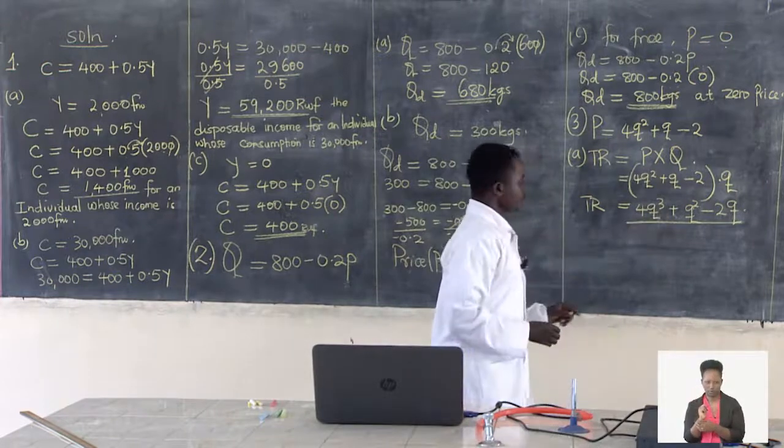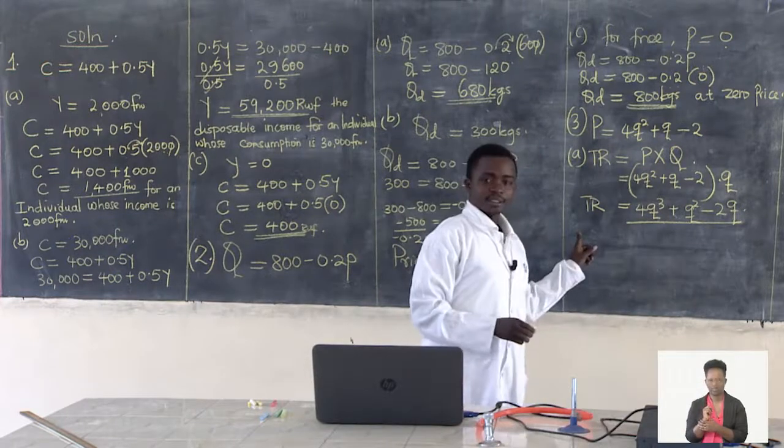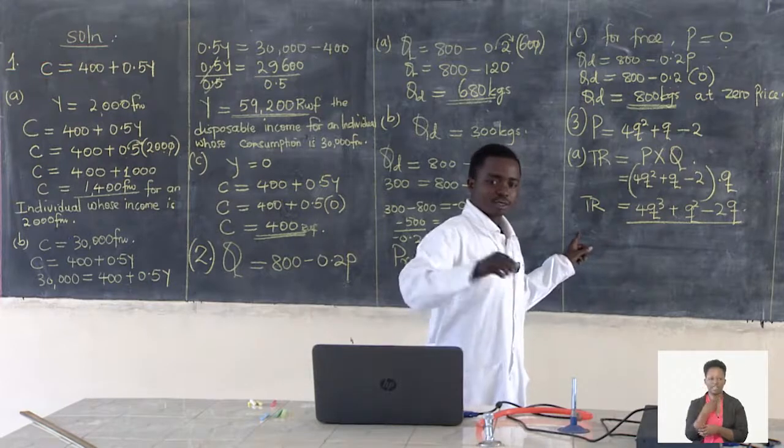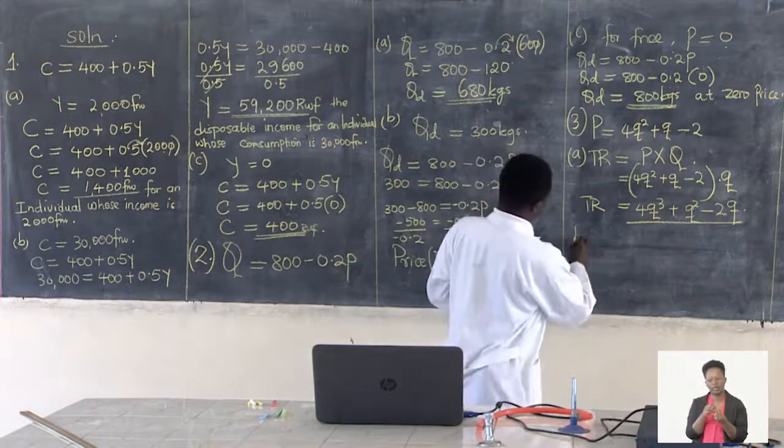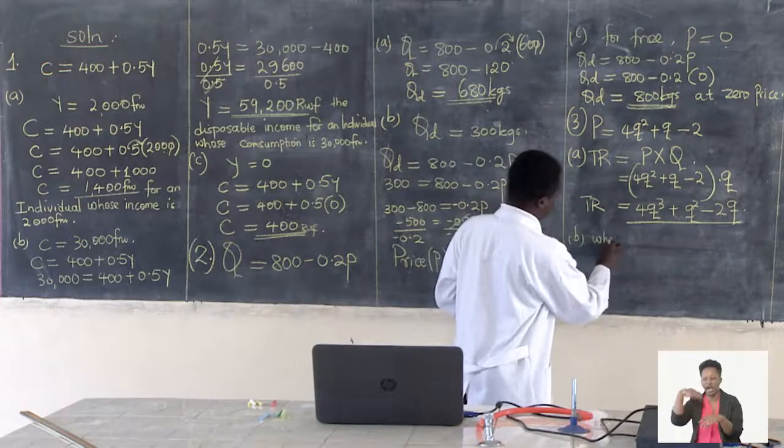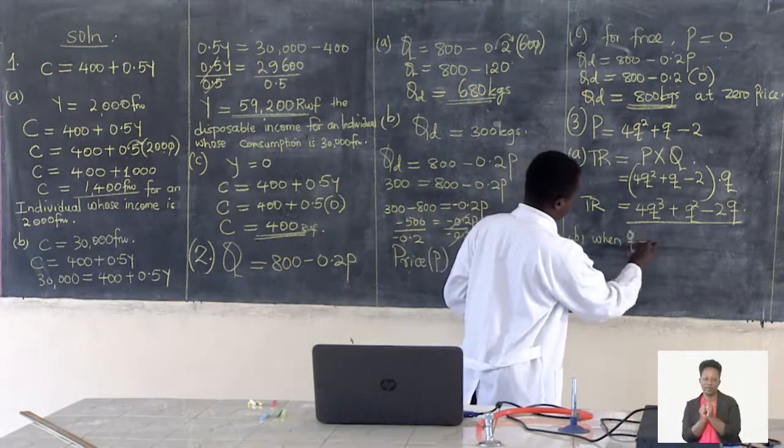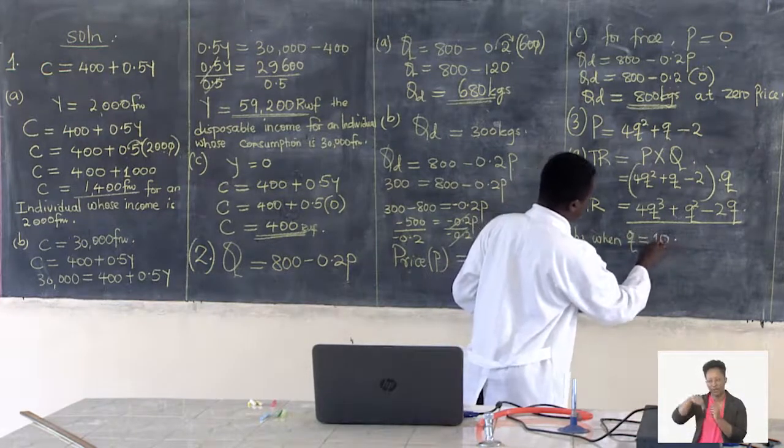Now, part B, they want the total revenue when output is 10. When output Q equals 10, what will be the total revenue?